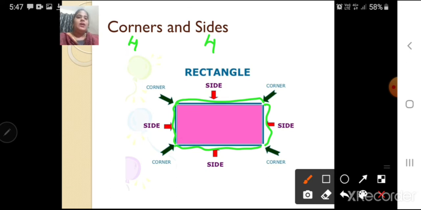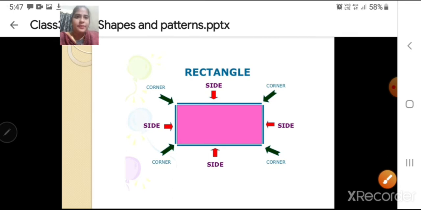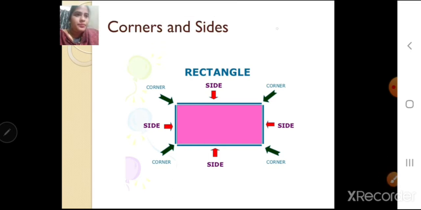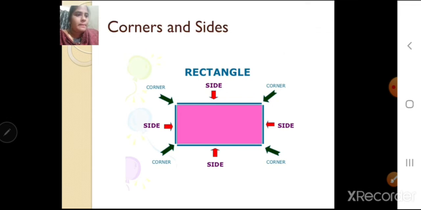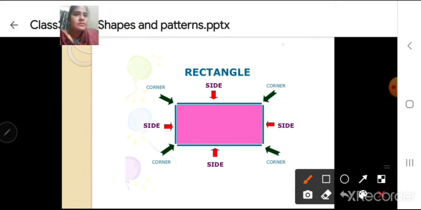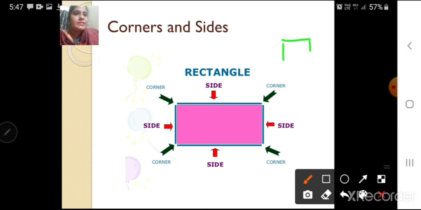Like that, if we have a square, for example, this is a square, correct?